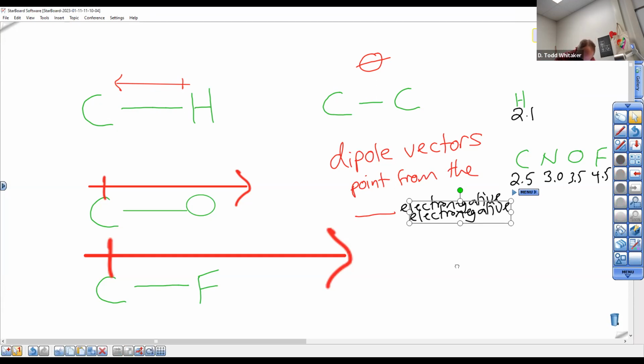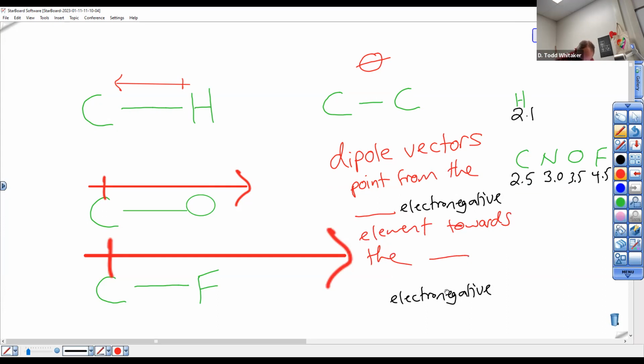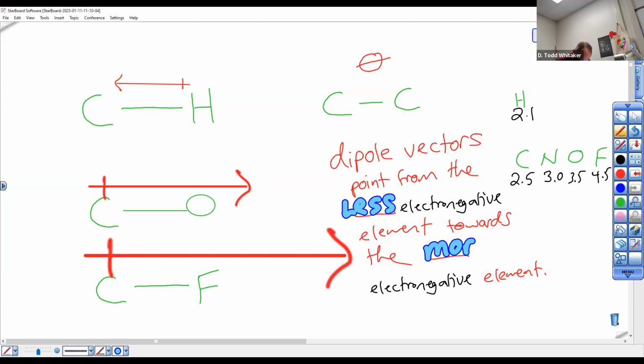So just look at all of them. Less or more, those are your two choices for your blank. First blank, less or more. Less, you start with the less electronegative, and you go to the more electronegative. There you go. What about the length?